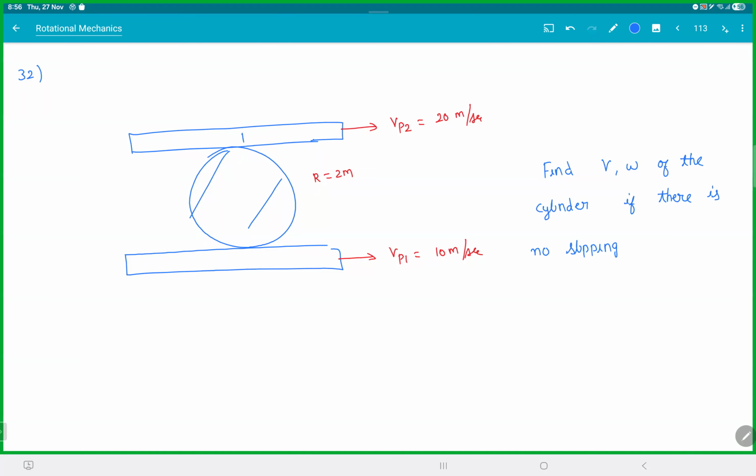So we have plank 2 and plank 1, and between them we have a solid cylinder stuck between them. Meaning this is how the picture will look after some time. The plank will be here, the cylinder will be here, this plank will be here. So they're kind of sliding, so don't worry, it will not fall down. Ignore all that. If there's no slipping between cylinder and the planks, find the velocity v and omega of the cylinder.